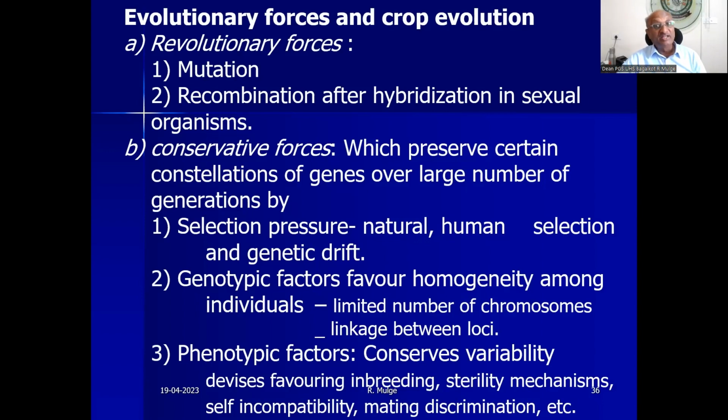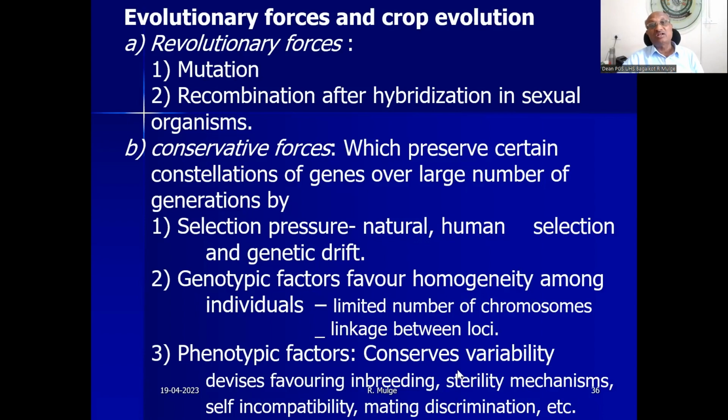So the devices which favor inbreeding only conserve. Whereas sterility mechanisms, where you are not going to have inbreeding, or self-incompatibility, are also going to avoid this inbreeding. That means you are not going to conserve. It is again going for the creation or change of the variability.